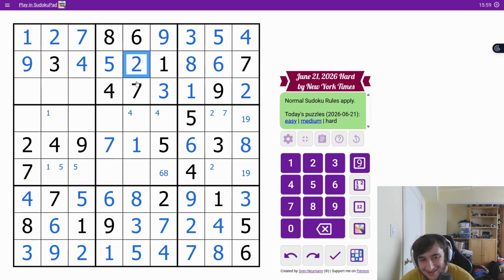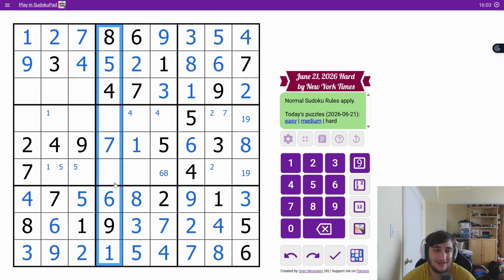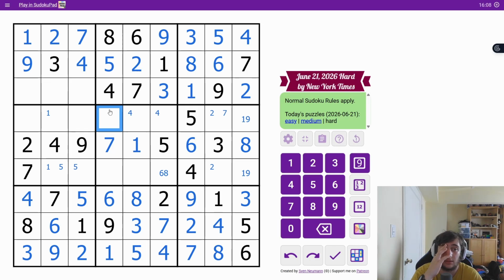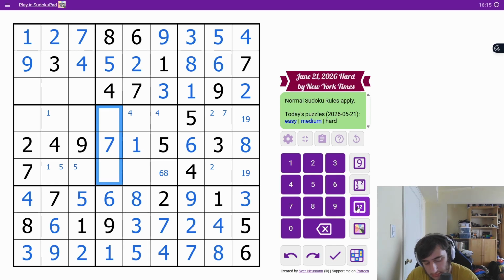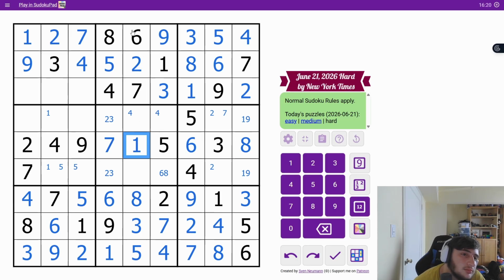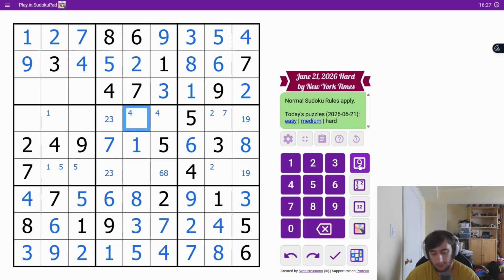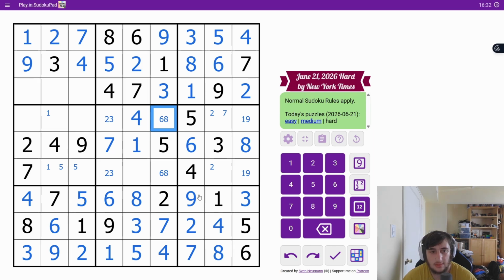Oops. I keep accidentally clicking that button. 2 and 3. Now this is a 4. 6, 8.